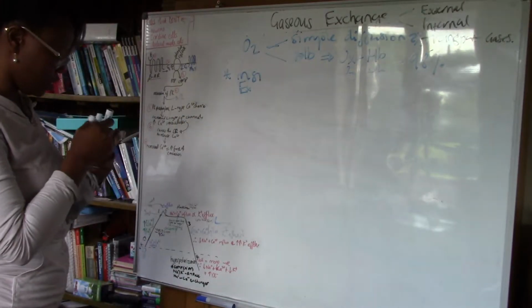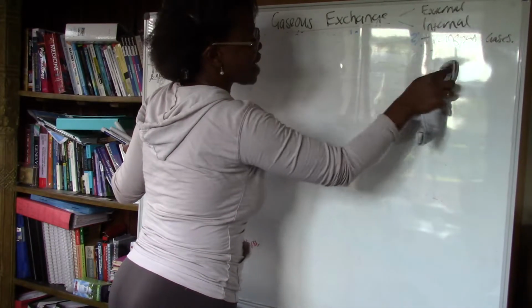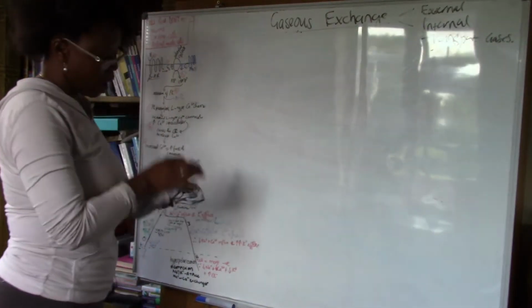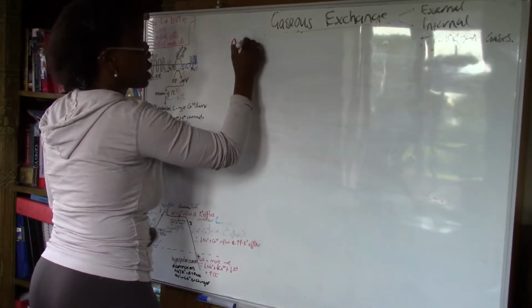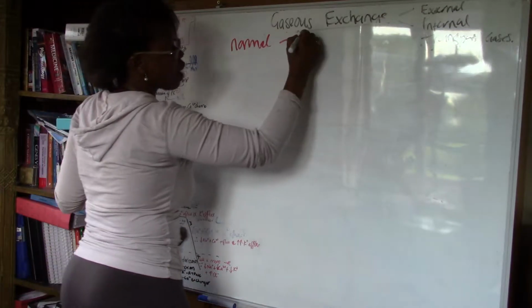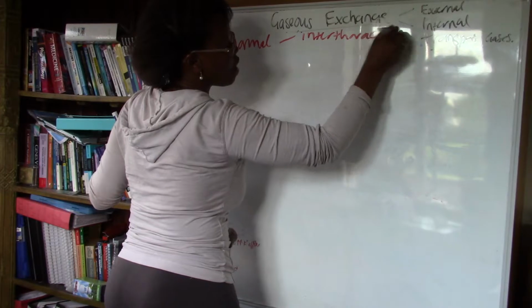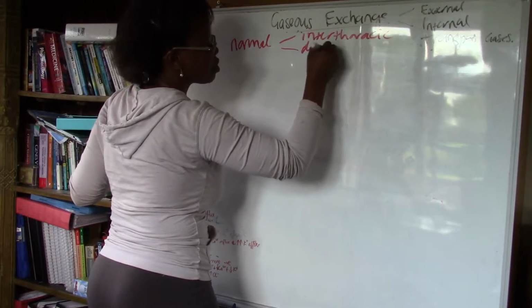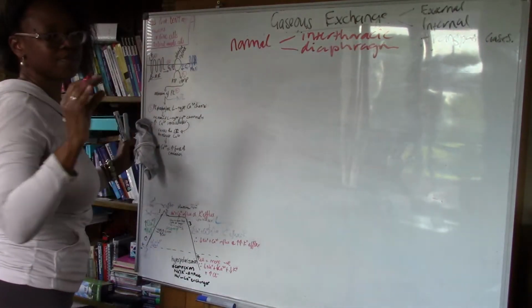What I haven't mentioned, which I should mention now, are the accessory muscles of respiration. I'll just write the normal ones are the intercostal muscles, which are found in between the ribs, and the diaphragm itself. So these are the normal muscles for respiration.